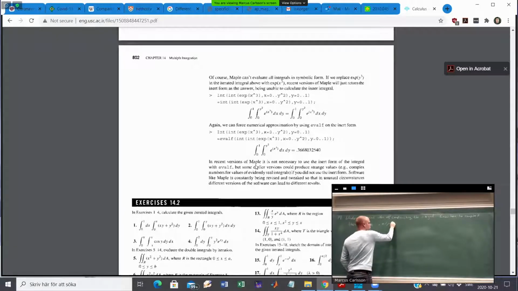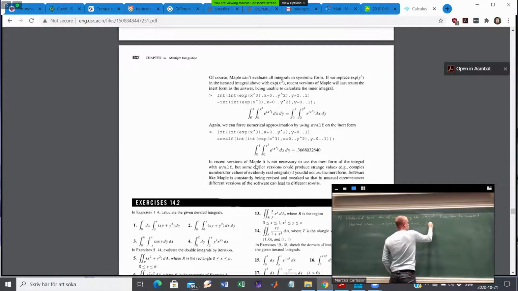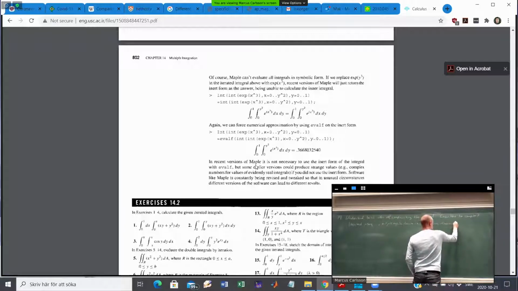X/Y simple domains. Jordan domains or not, etc.